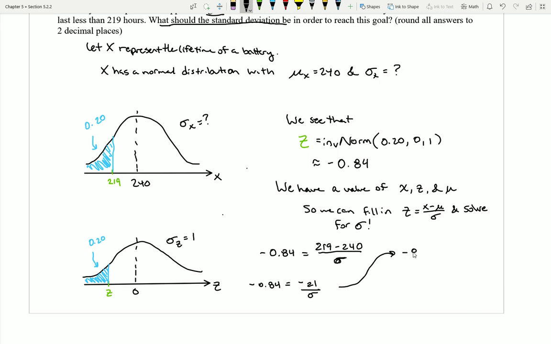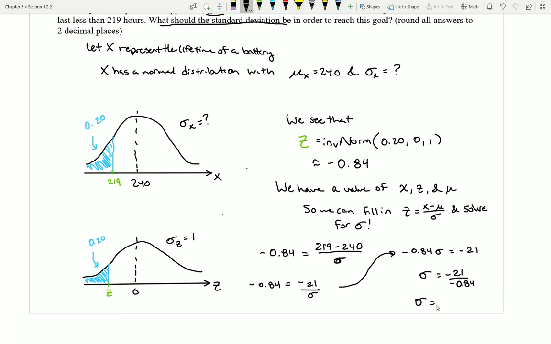So this would be negative 0.84 times sigma equals negative 21. Now to solve for sigma, I would just take my negative 21 and divide it by my negative 0.84. Notice this is good because I should have my sigma as a positive number. Sigma is always going to be positive. So the fact that I have 2 negative numbers here is great news.